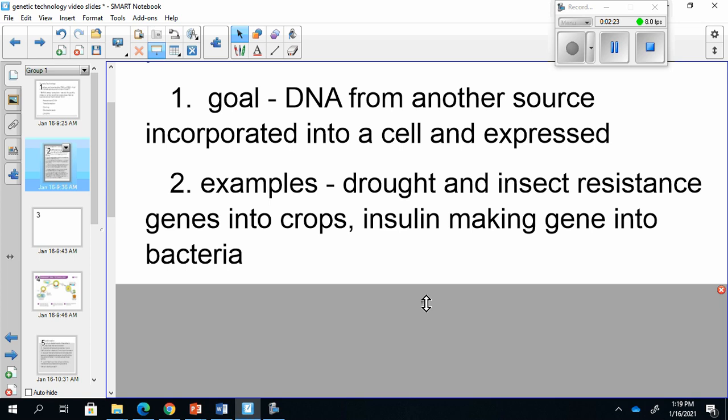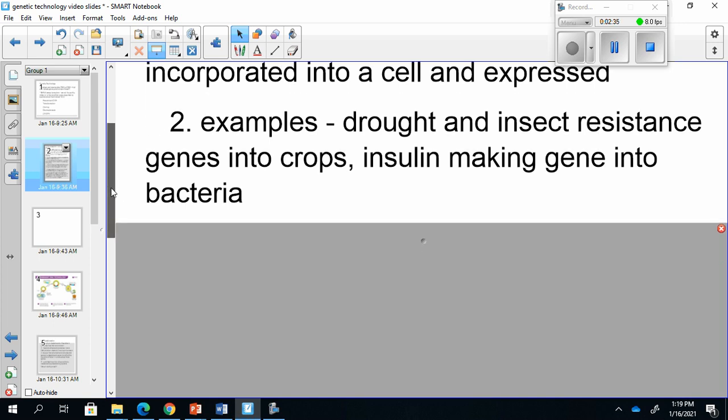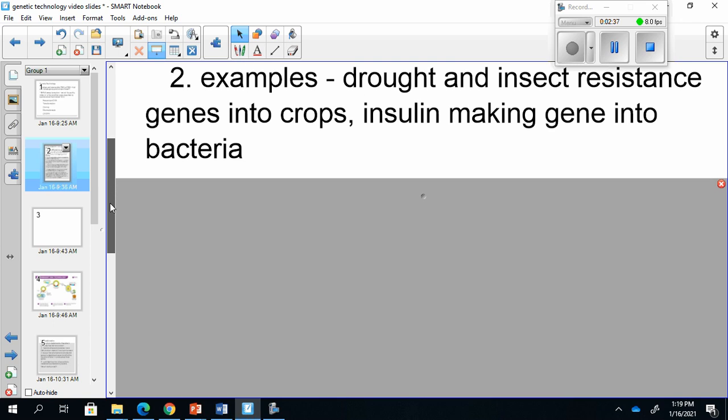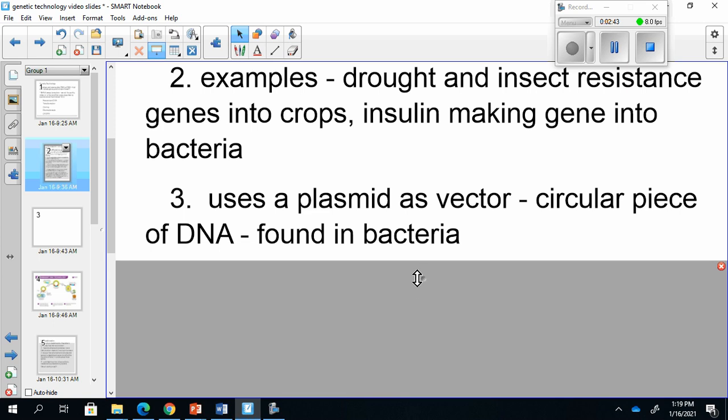And then another really common example, which used to be done so much for diabetic patients, is that they took the human insulin gene and put it into bacteria so that bacteria would make insulin that pharmaceutical companies could mass produce and sell. Now they do it more synthetically, but that was a great example for a while.